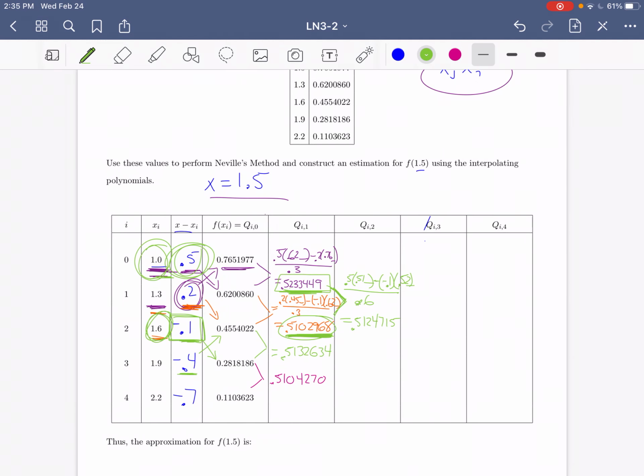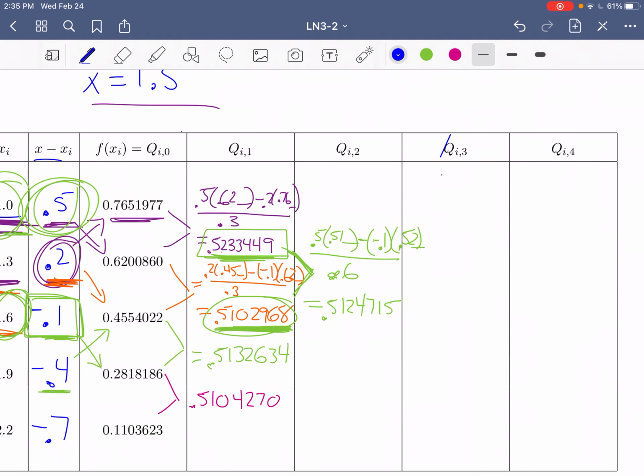And we can continue this on and on, right? So we would combine those two. And when we combine those two, we'll get something like 0.5112857. When we combine these two, we get 0.51137361.